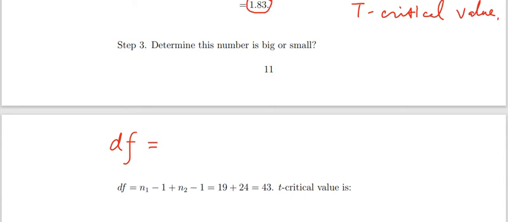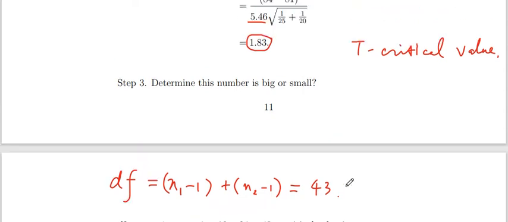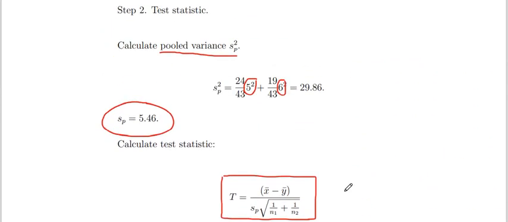Or we can say the degree of freedom is just this denominator we have when we find Sp. This denominator is the degree of freedom for these variances.